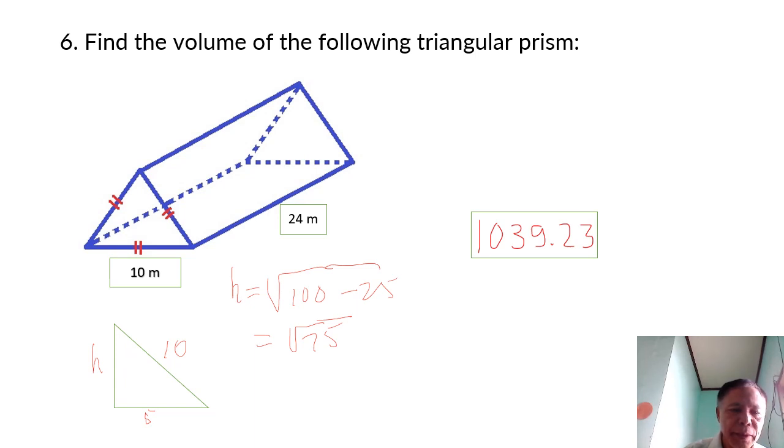This one is 10 squared, 100, and this one is 5 squared, 25. This one is 5, 1/2 of 10. Since it is a right triangle, use the Pythagorean theorem: h squared equals the square of this one minus the square of this one. So 75.